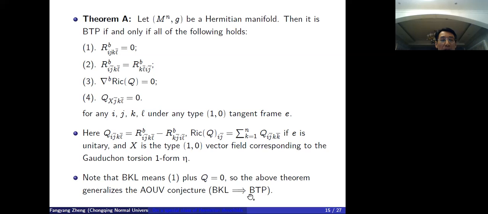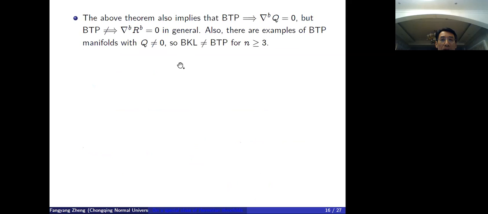So BKL implies BTP, right? So one direction of theorem A guarantees the AOUV conjecture. We should also remark that BTP doesn't imply the full Q is parallel, because there are examples of BKL manifolds where the curvature is not parallel.